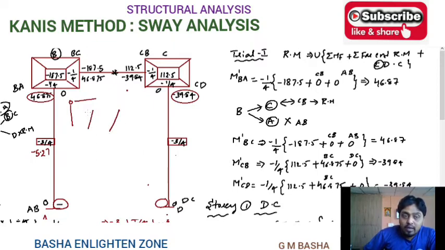Why? Because whenever sway occurs, the columns tend to move like this. This is the original position of the frame, and after sliding you will get like this: A, B dash, C dash, D dash. Means the displacement happens at a time in both the columns. Therefore, while calculating displacement contribution, you can add both rotation moments for the columns.